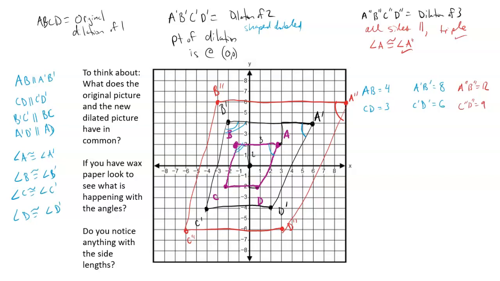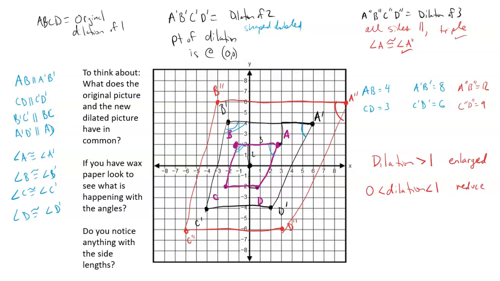Right? So again, kind of important things to be thinking about. In our notes, things to remember: if we have a dilation that is greater than the number 1, that means our graph is going to become enlarged. It's going to get larger. Now, if everything larger than 1, like 2, 3, 4, 5, gets bigger, that means if your dilation is between 0 and 1, it's going to reduce.